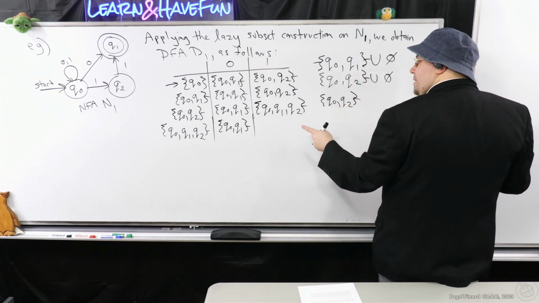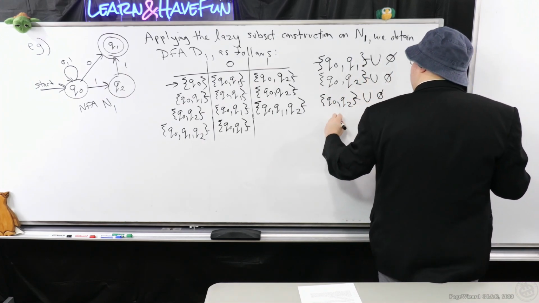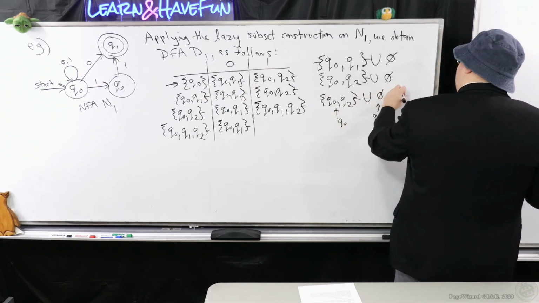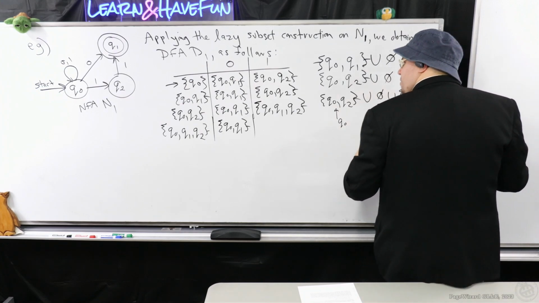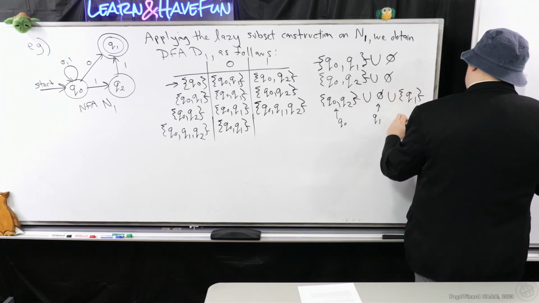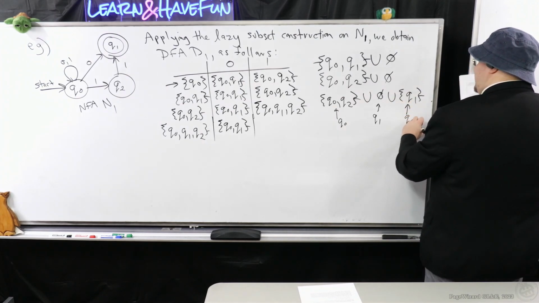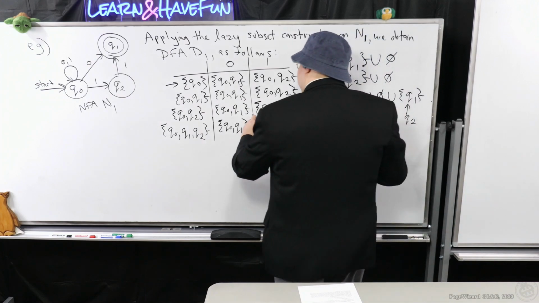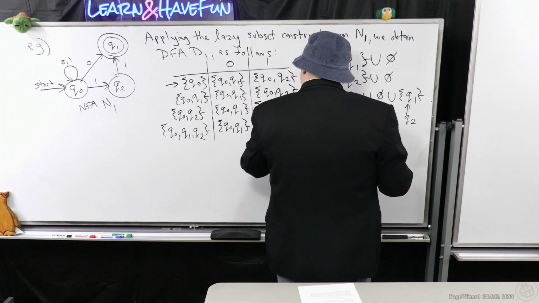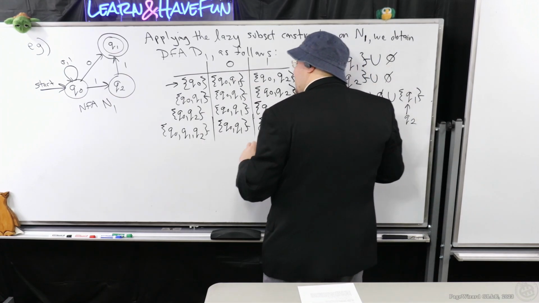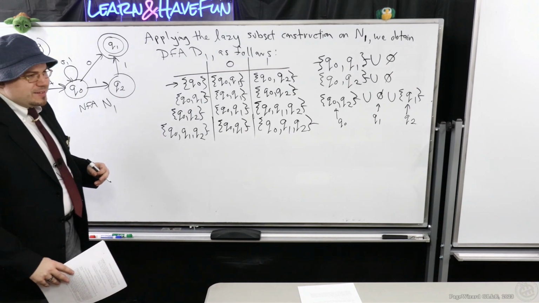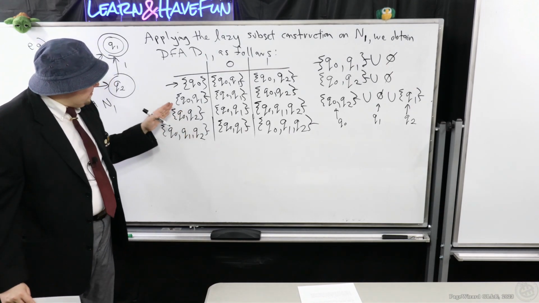On Q1, nothing. And for Q2, on a 1 it goes to Q1. So notice that it's just the same subset again: Q0, Q1, Q2. We're not quite done labeling our transition table. Sorry, I'm getting really excited here.